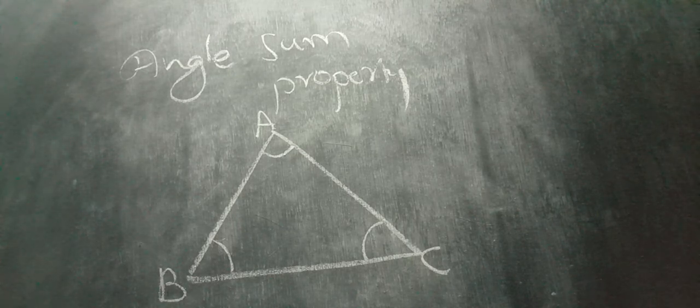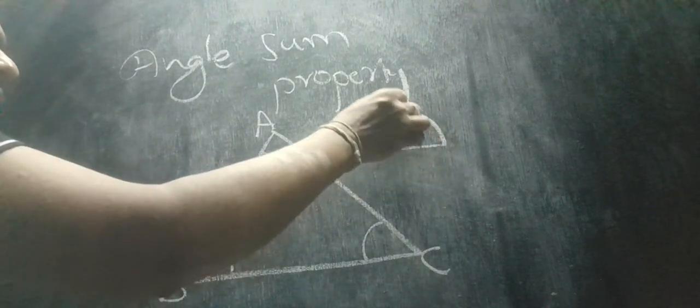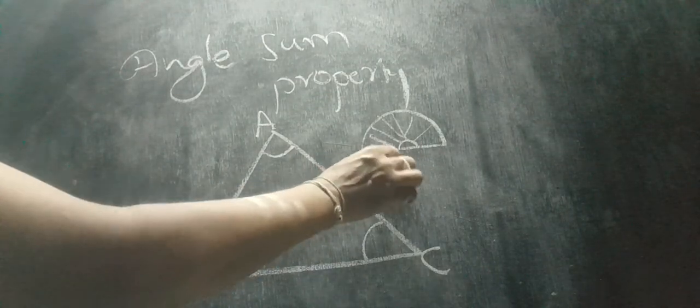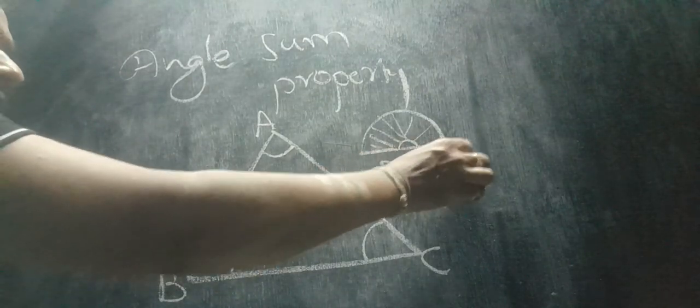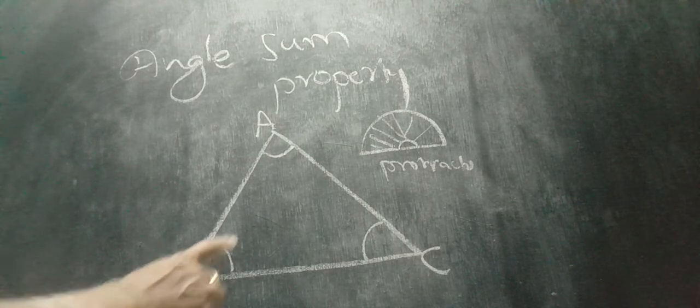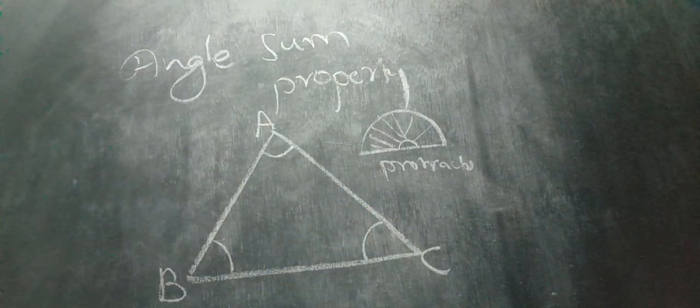So to understand this, first you should know this one. It is a protractor. With this we will be measuring the angles. Now here, by measuring this and this and this, by adding them you will get 180 degrees.